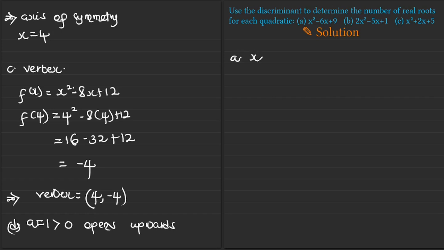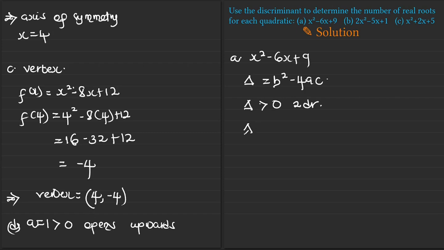So we have x squared minus 6x plus 9. Now we know how to get the discriminant. The discriminant is simply b squared minus 4ac. When the discriminant is greater than 0, we said it has two distinct roots.